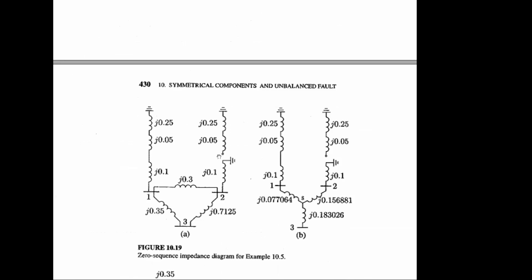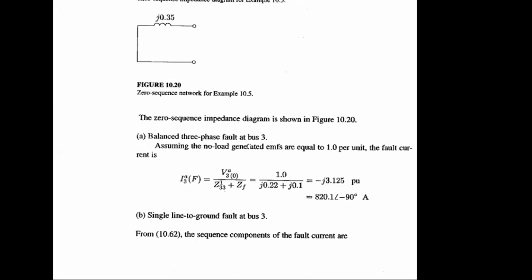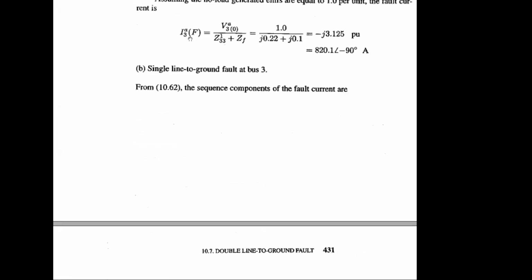So you have to be careful about this. That means when you want to draw a zero sequence circuit, you have to be very careful. Regular drawing is the positive sequence circuit, but for the zero sequence circuit, you need to be careful. And when you have all the Z as well as ZF, you can find the fault current for different scenarios.